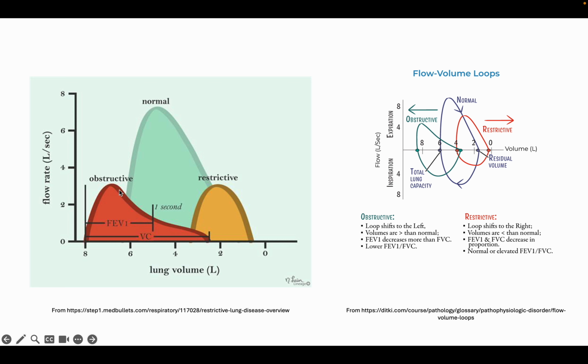And the curve has this sort of scallop shape to it because you will just be blowing out and blowing out and blowing out. It takes a lot longer to get out as much air. And so you'll see this. This is a subtle physical exam finding that can clue you into someone having an obstructive lung disease.